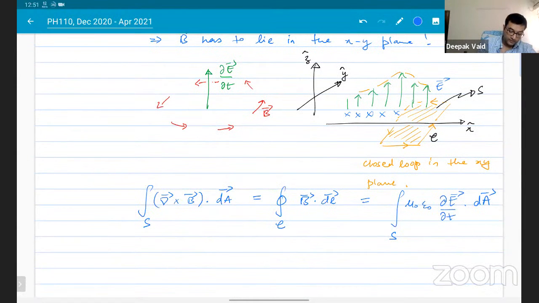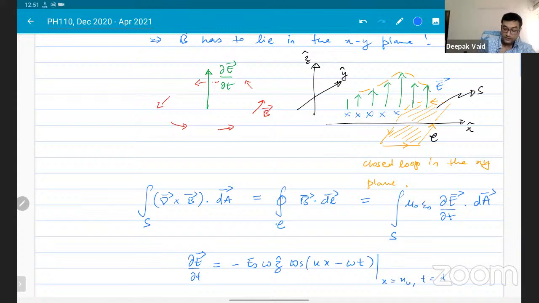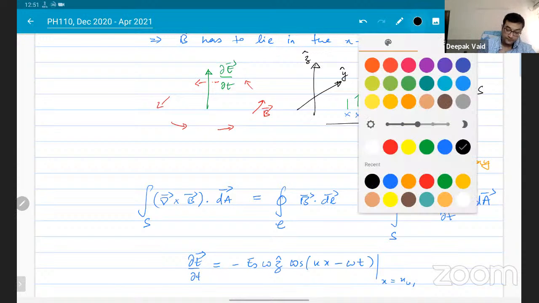I already calculated this. This is going to be equal to minus E naught omega z cosine kx minus omega t. And now I'm saying that x is equal to x naught, while t is changing. What is x naught? I will take x naught to be the point at the center of this loop.